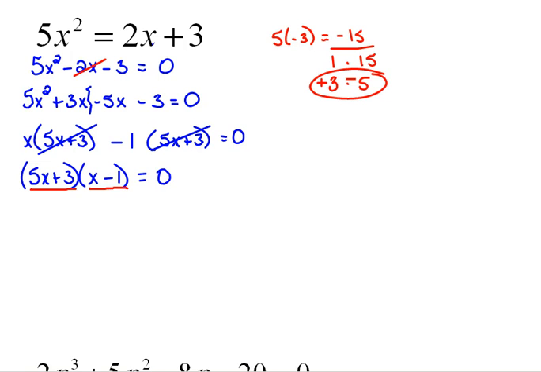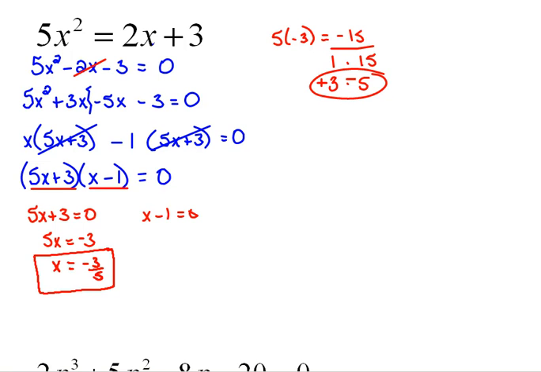So we can now use the zero product property, which says either the first factor, 5x plus 3, has to be 0, or the second factor, x minus 1, has to be 0. And now we can solve each one of these. So if I subtract 3 from both sides, we have 5x equals negative 3. And if we divide both sides by 5, we get x equals negative 3/5.